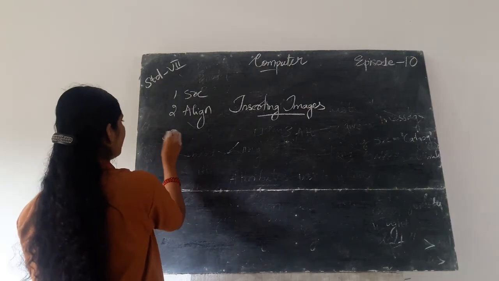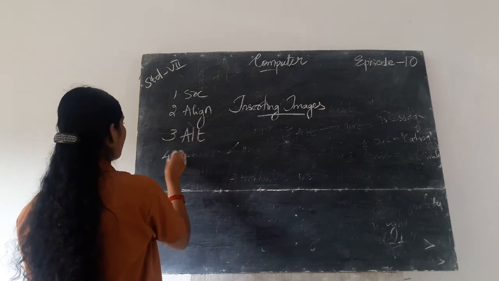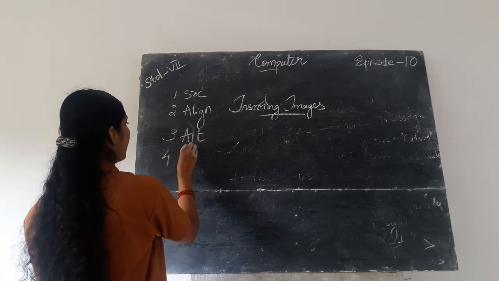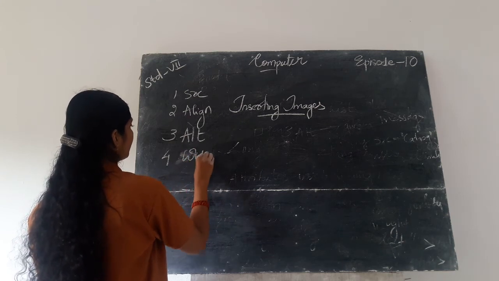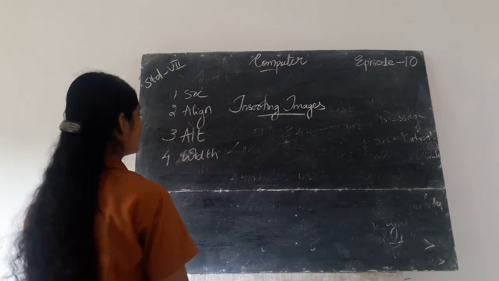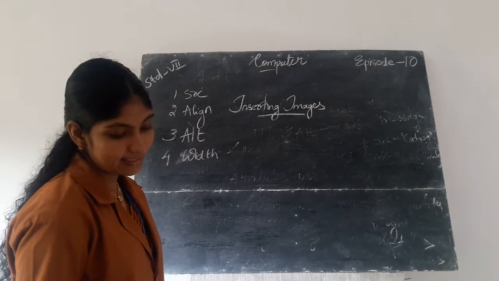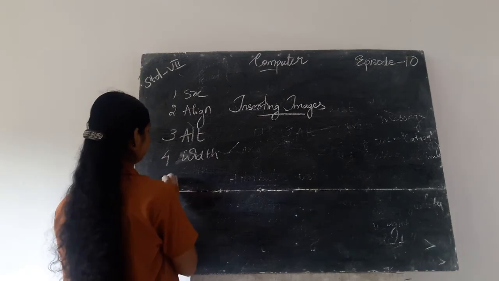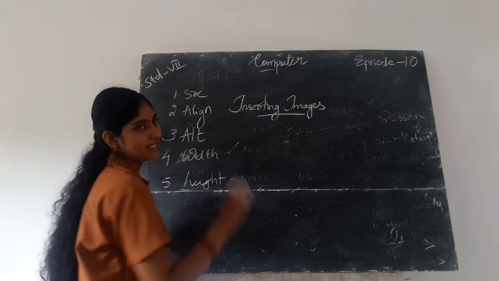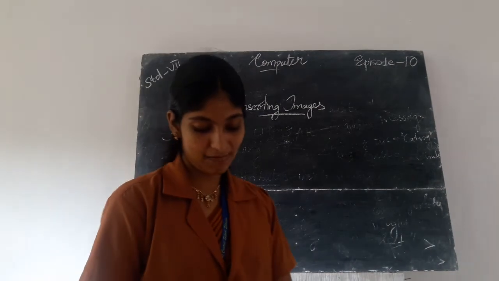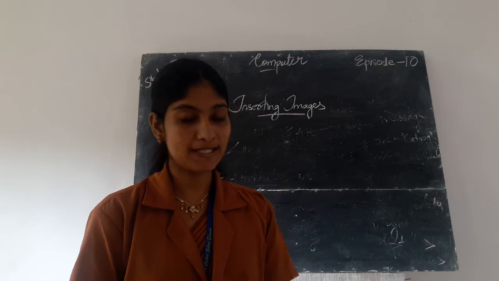Source, align, third alt, then fourth one, width. Width means you can set the width of the image. Next, height. Height means you can set the height of the image. That is, height is equal to something in pixels.